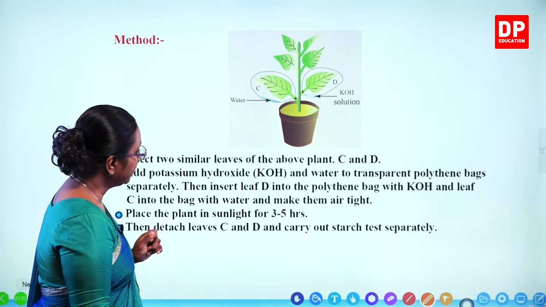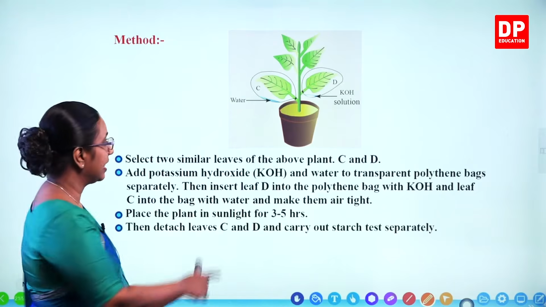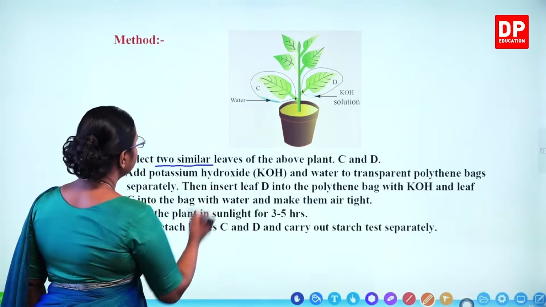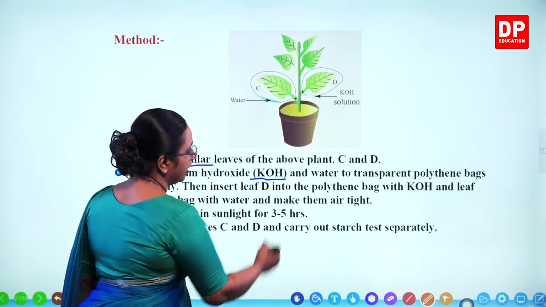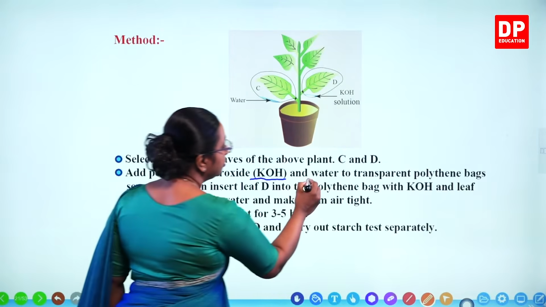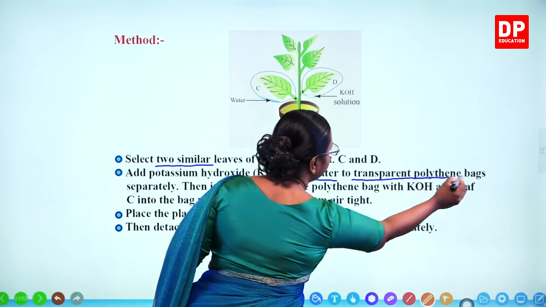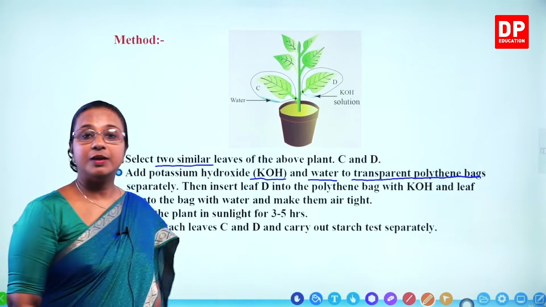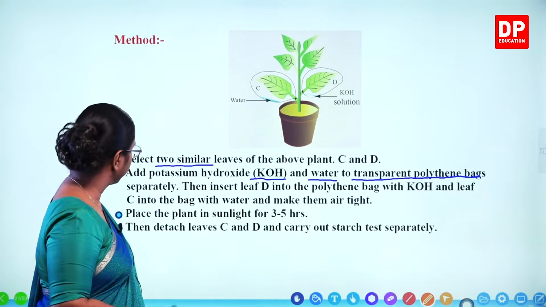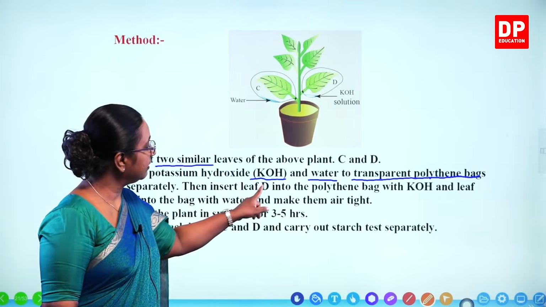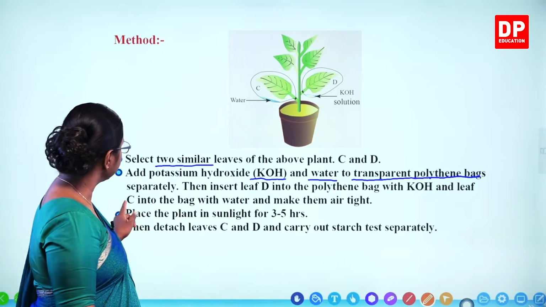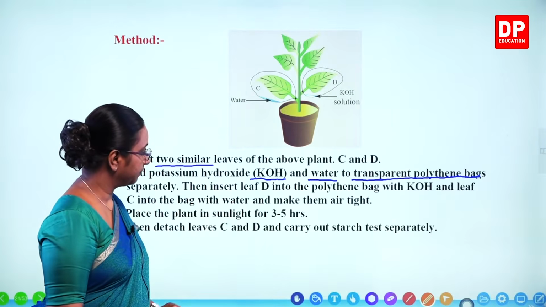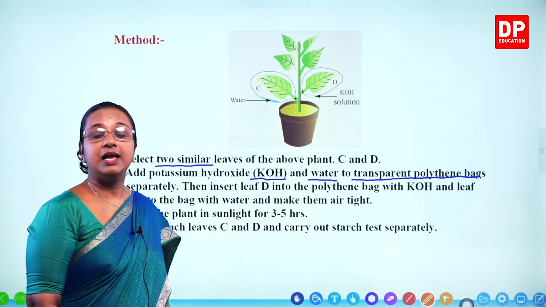Select 2 similar leaves of the above plant, that is C and D. 2 similar leaves. Add potassium hydroxide KOH and water to transparent polythene bags. This is to make sure light goes in. Then insert leaf D into the polythene bag with KOH and leaf C into the bag with water and make them airtight.